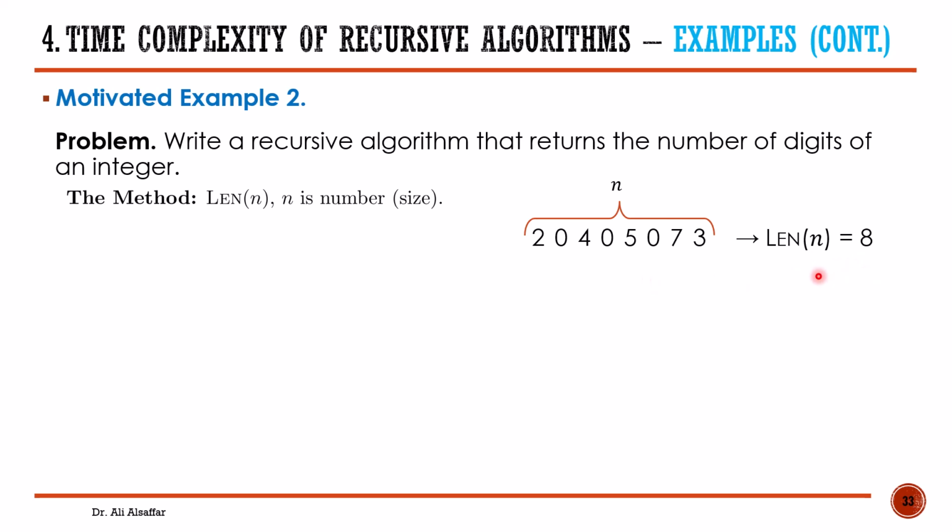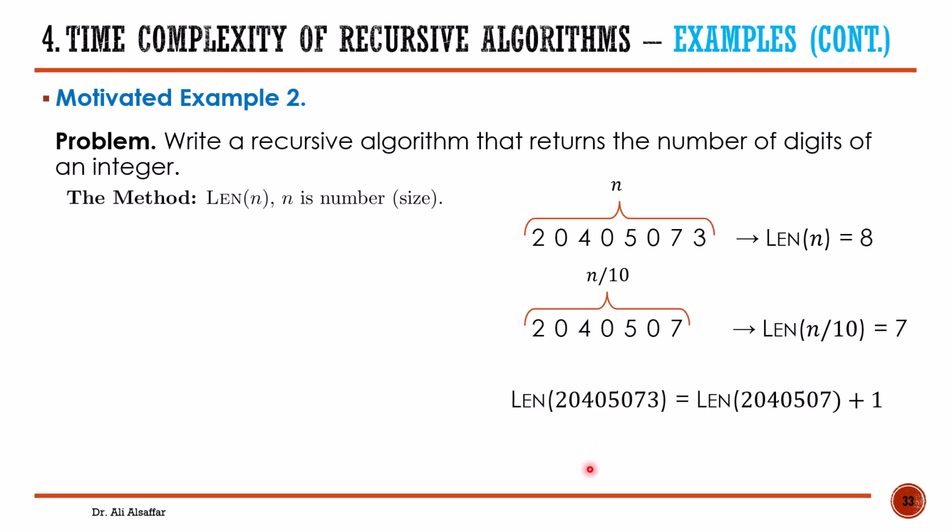Now when we call the function on the number itself, but without the rightmost digit, that is a 3, then what will the function return? It will simply return 7 because it has 7 digits without the rightmost digit. Notice that the number without the rightmost digit is obtained by dividing the number by 10, I mean integer division.